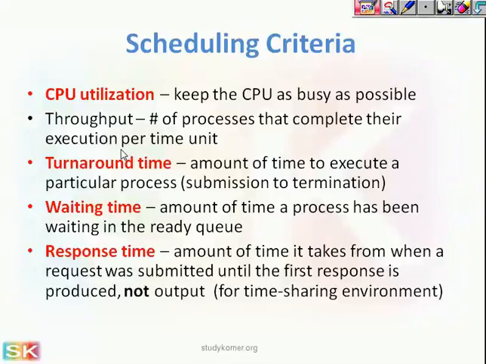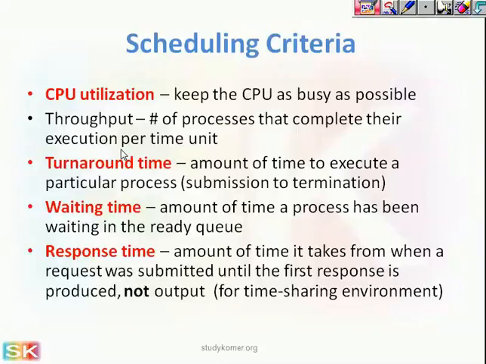So waiting time actually is the time when a process is waiting to be executed either in the CPU or for some IO computation. Right? So a process in the ready queue which is waiting for some resource, that is called its waiting time.